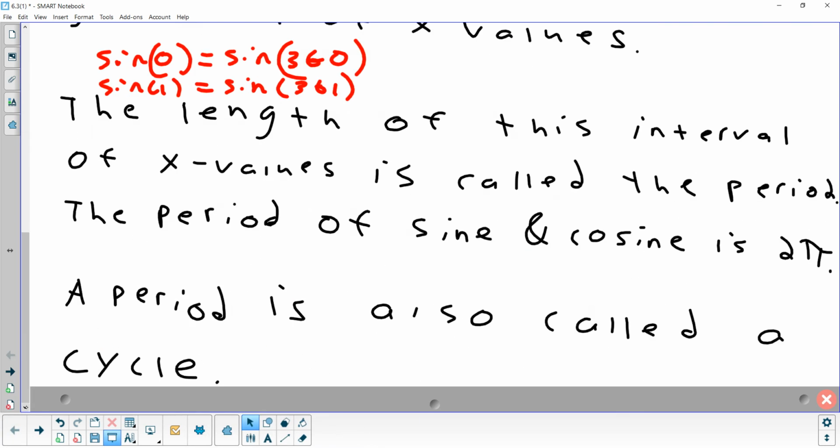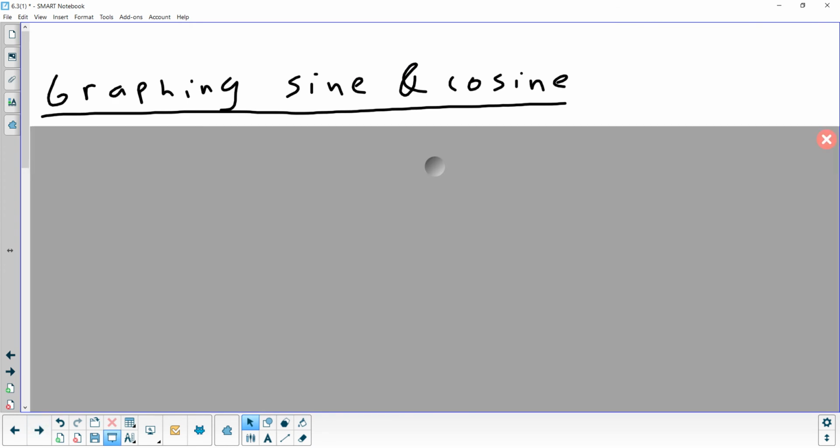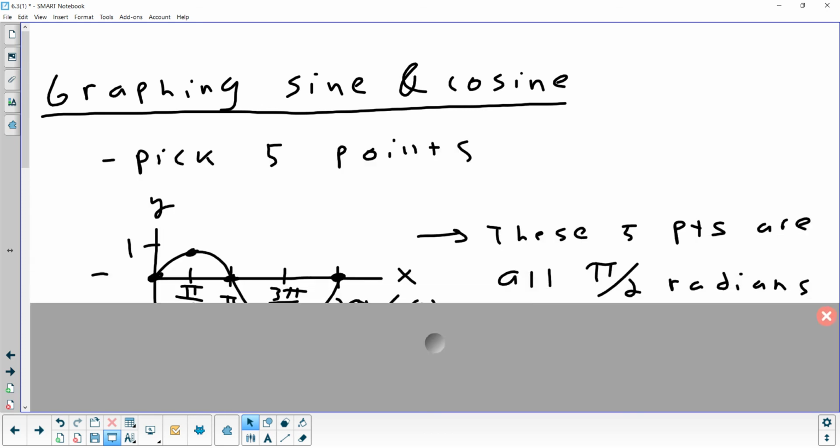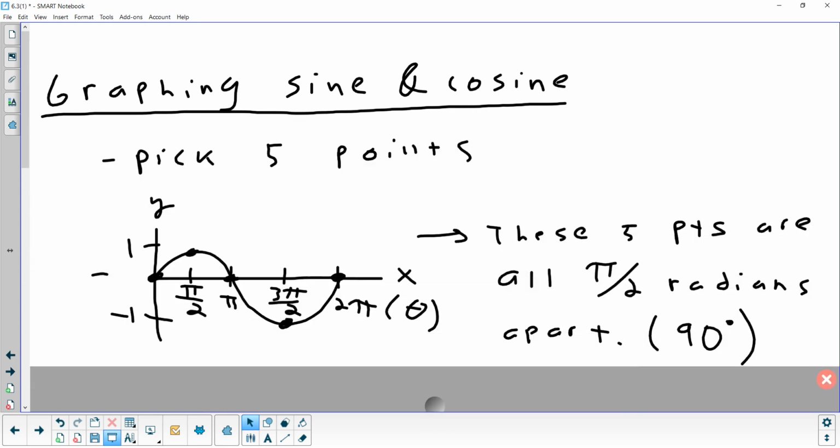All right, so we got that. All right, so graphing sine and cosine. I told you that in general you want to pick 5 points. These are the 5 points you want to pick. Because those points mark what I call the quarter points in the graph.